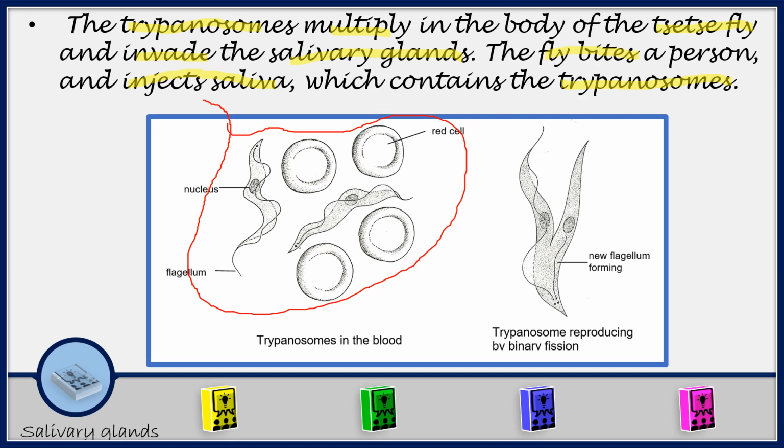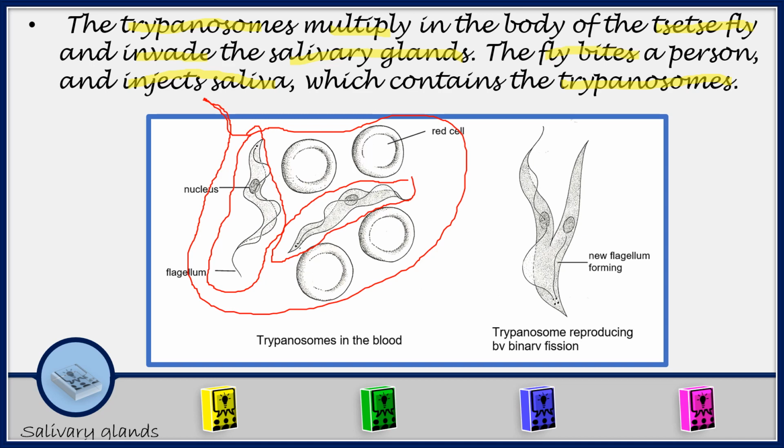But what is going to happen? It is going now to introduce the trypanosomes in the blood of a healthy person. So that person now is also going to be affected by the trypanosomes.